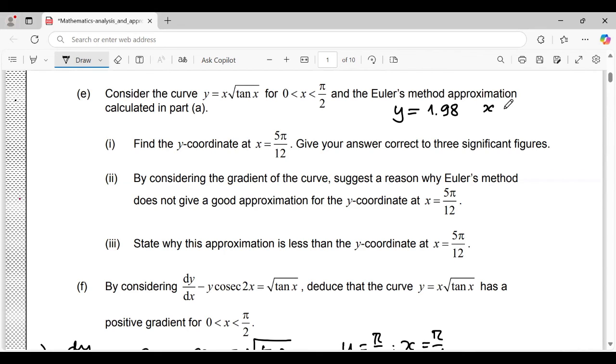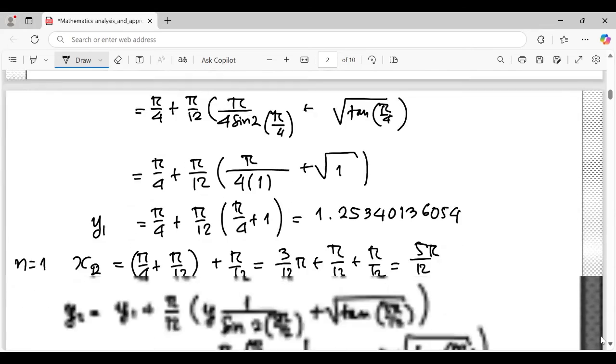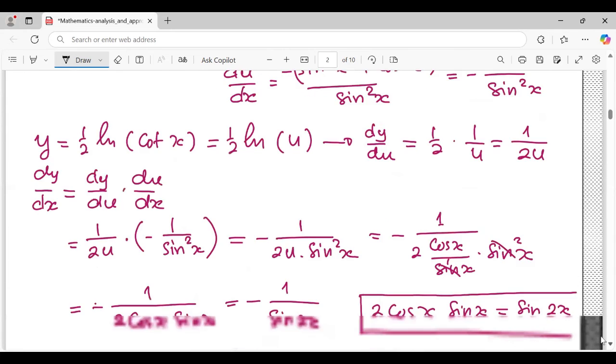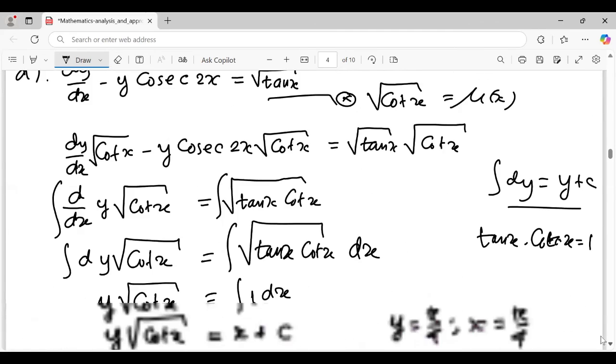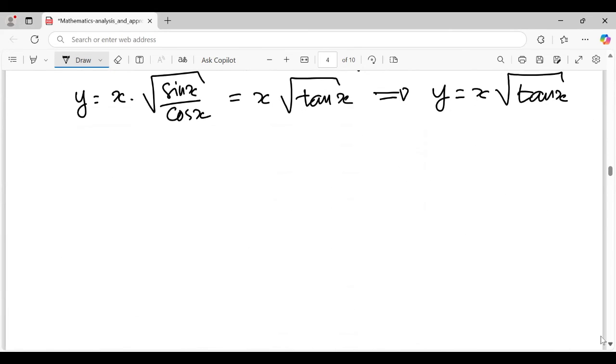If x equals 5 pi over 12, find the y coordinate at x equals 5 pi over 12. Give your answer correct to 3 significant figures. We are going to compare the result of y in part A and the result here.